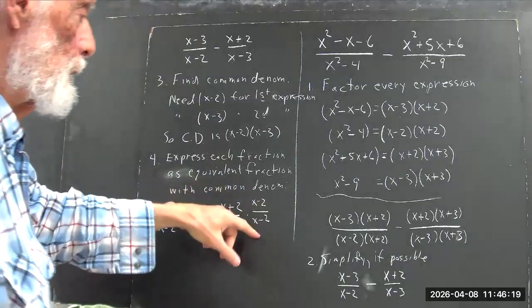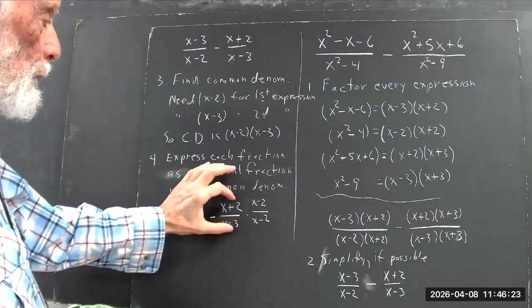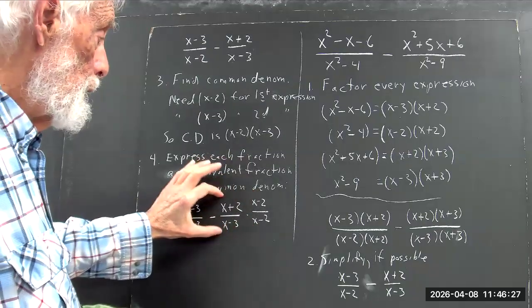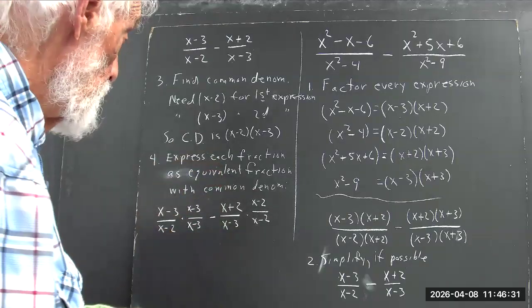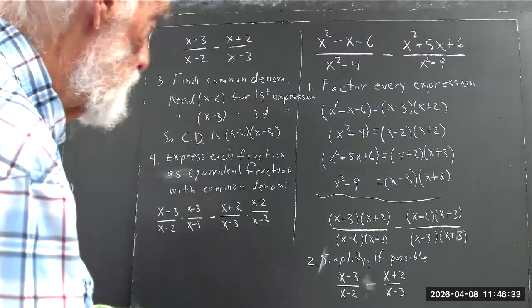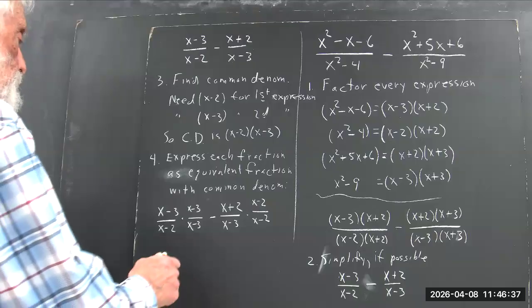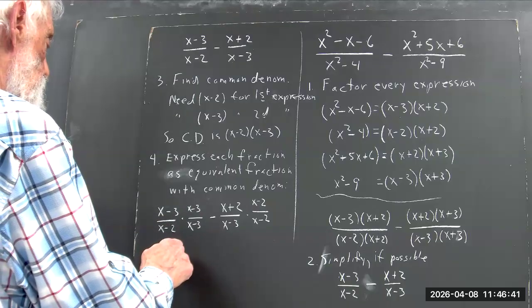And of course, then the numerator of that fraction also has to be x minus 2, since if we multiplied by anything that wasn't equal to 1, we would change the value of the original expression, for almost all values of x, in fact. Okay, so there we have it. And now we go ahead, just being careful, and write.